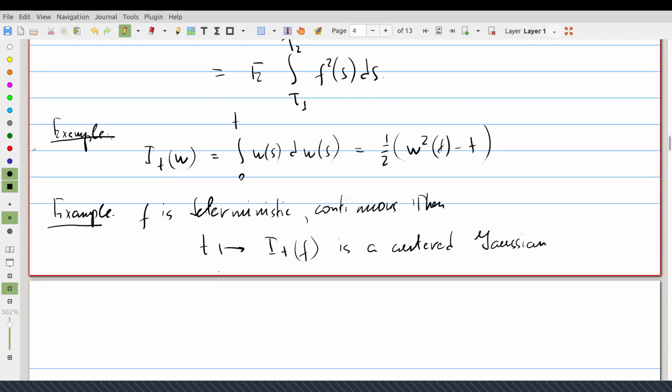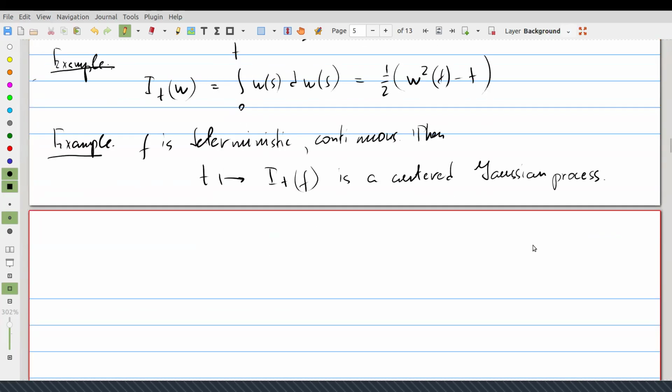Because for the approximations that we just discussed, we have a sum of Gaussian independent random variables, because increments of a Brownian motion are independent over non-overlapping intervals. So the limit must also be a Gaussian process. Any limit of Gaussian random variables is again a Gaussian random process. We will see some other examples, but in the setting of stochastic differential equations.